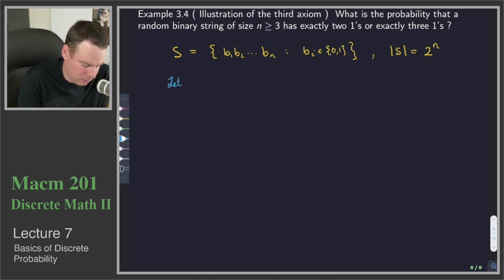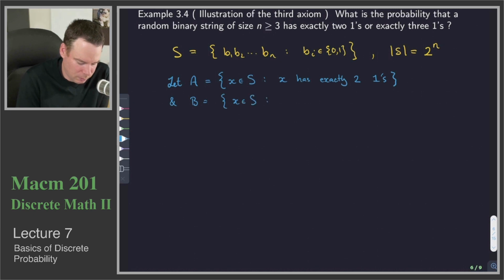We'll let A be the first event, where the string has exactly 2 ones, so it's the set of x in S such that x has exactly 2 ones. And event B is the set of all strings where x has exactly 3 ones.